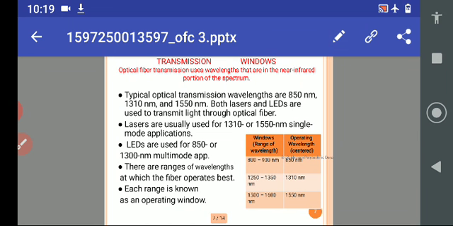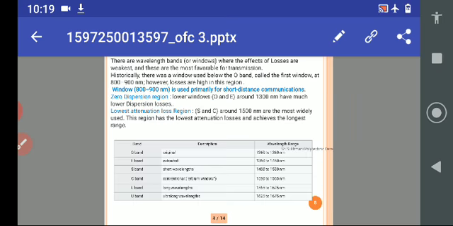So it is clear. The operating window is a range of wavelength, and the centralized wavelength is the central wavelength within that range. These windows are useful for different applications.